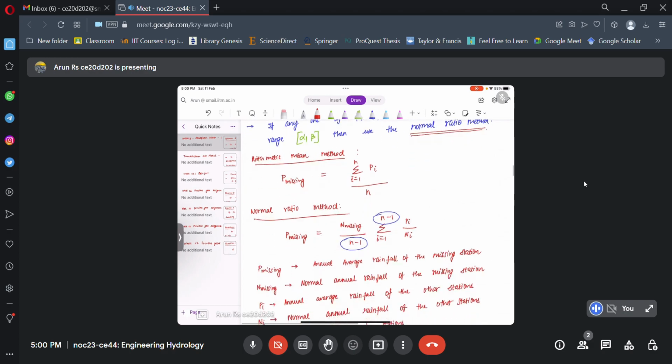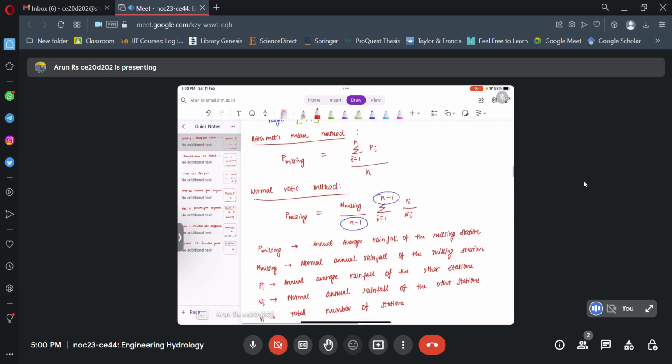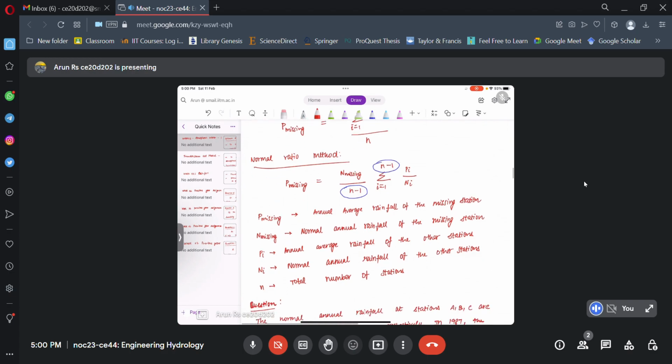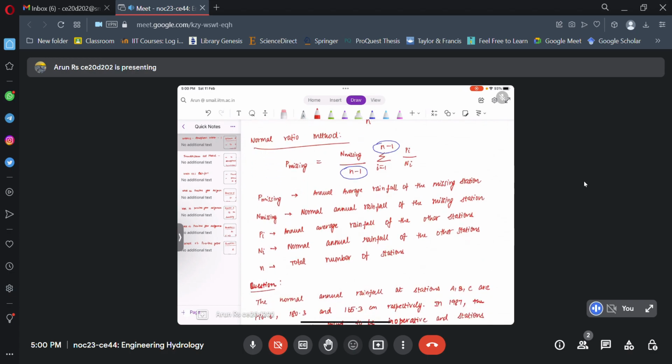Now next, the arithmetic mean method is simply the average of the stations. And for the normal ratio method, we have the formula. So the precipitation of the station for which we need to find is on the left hand side, equal to the normal rainfall of that particular station divided by n minus 1 stations.